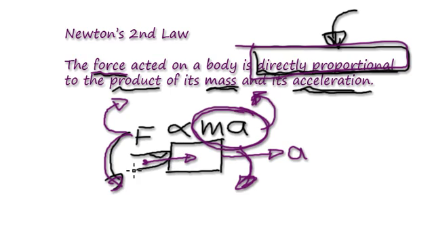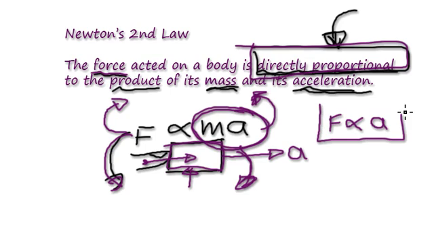In our scenario, the mass of this block is always the same. So you can think of it as F is directly proportional to A, because we are looking at this one scenario only where the mass of this metal block is always the same.